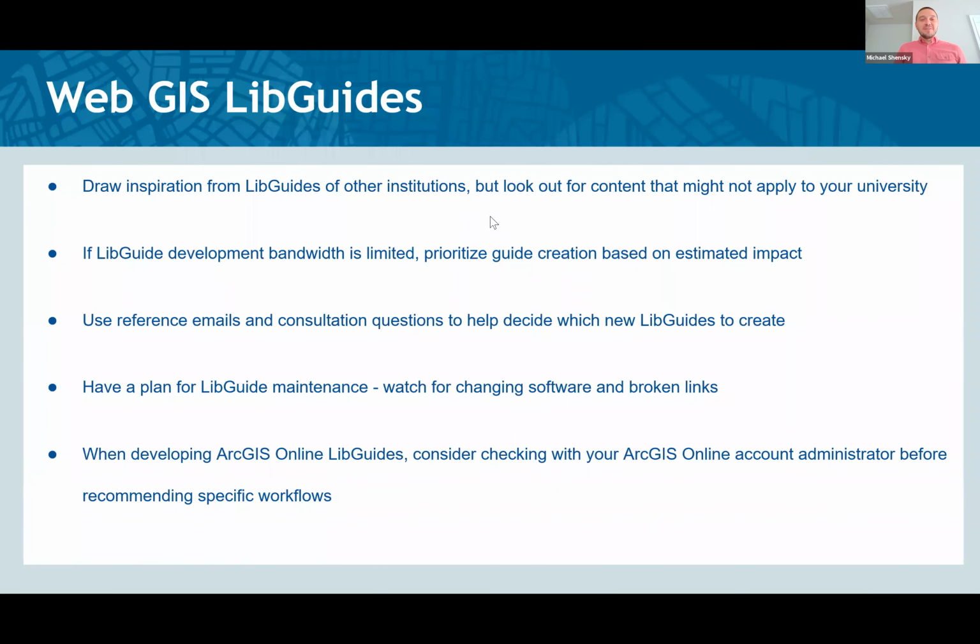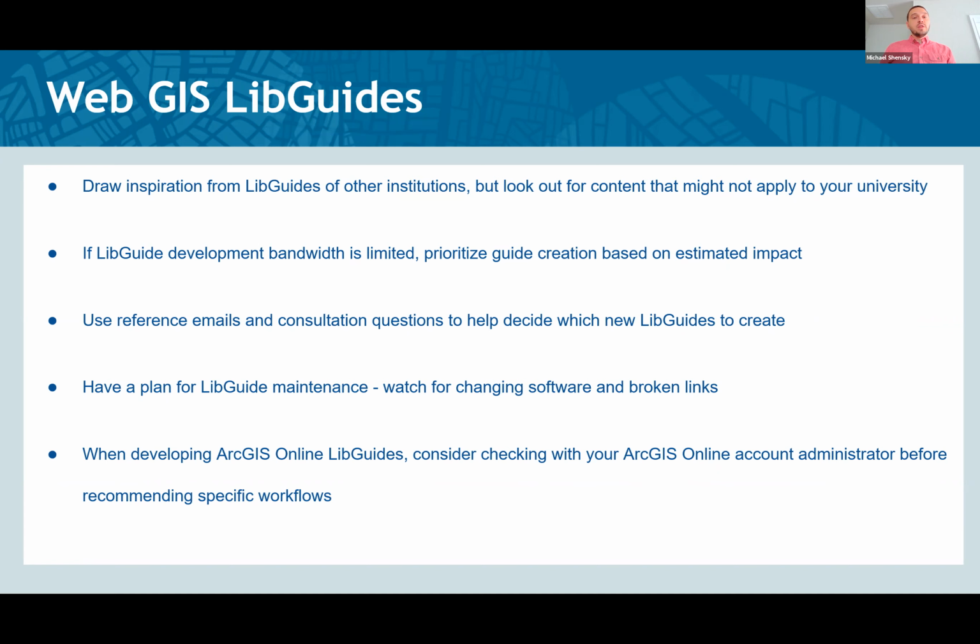All right, the first thing I wanted to talk about is libguides that might come out of this. I'm hoping that will be one of the things that you all feel comfortable creating or augmenting if there are already existing guides, perhaps about things like ArcGIS Online that you or coworkers in the libraries have prepared for your institutions.